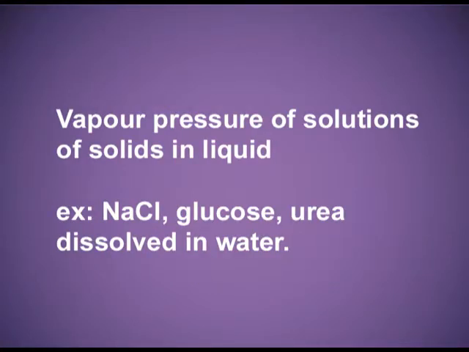Vapor pressure of the solutions of solids in liquid. For example, if we prepare a solution mixing sodium chloride or glucose or urea in water, then this sodium chloride or urea or glucose are non-volatile.